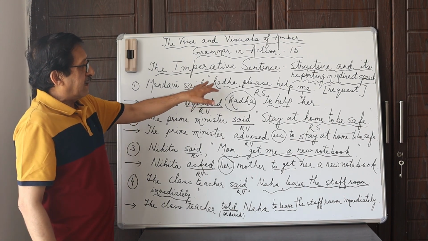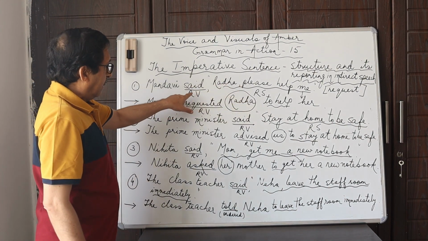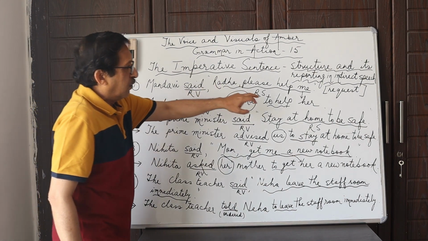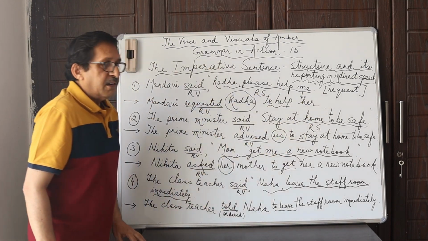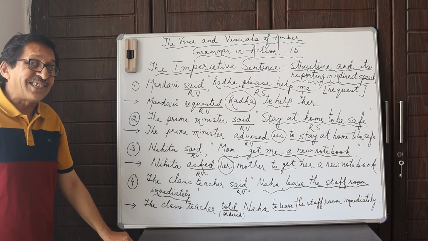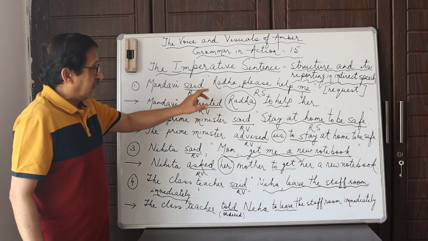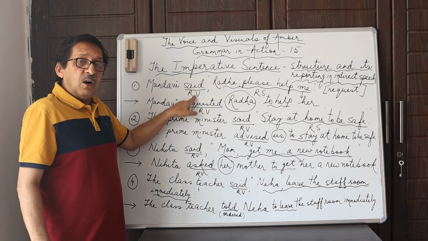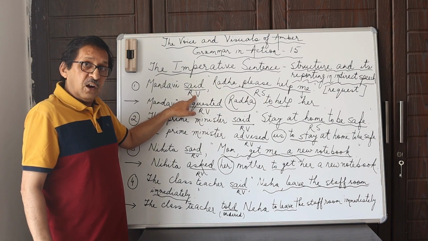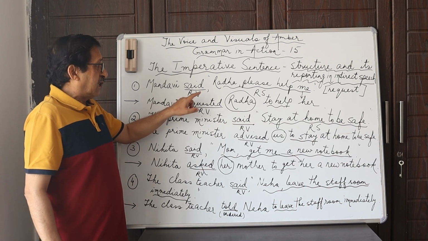So Mandavi said, Radha, please help me. So now instead of said, we are going to use the verb request or requested. It has to be requested because the tense of the reporting verb cannot change.